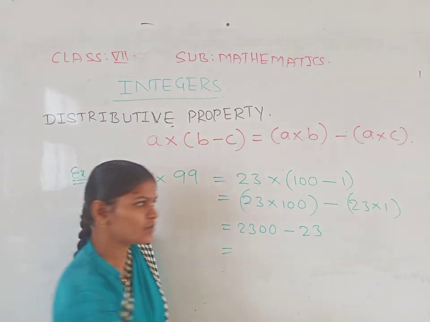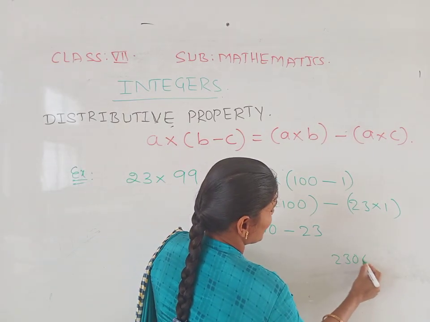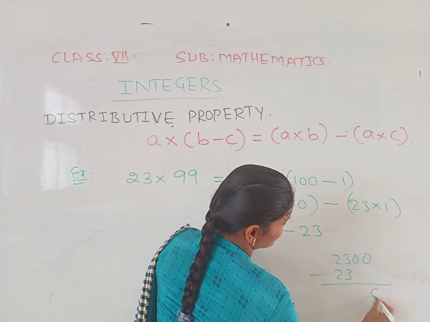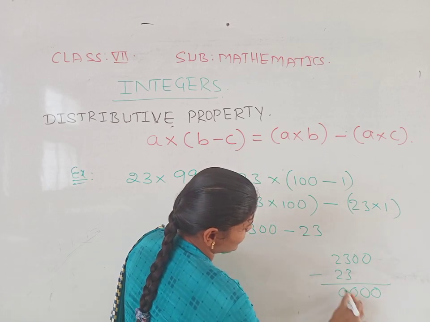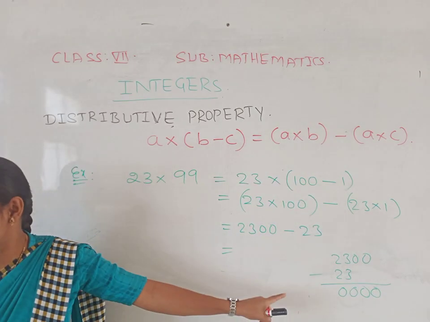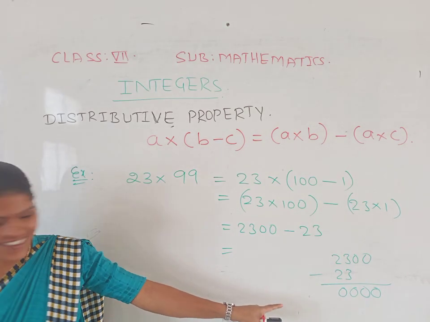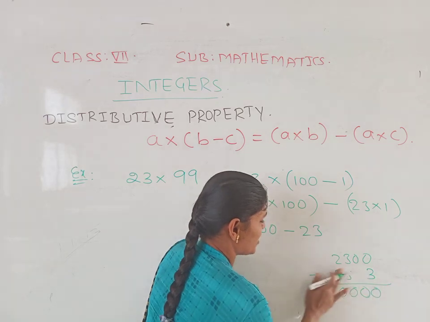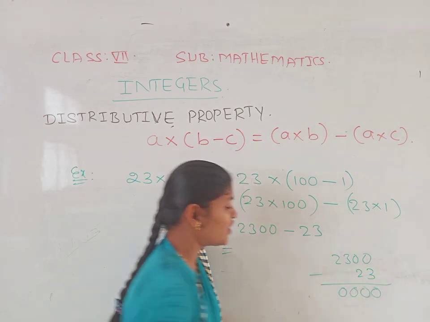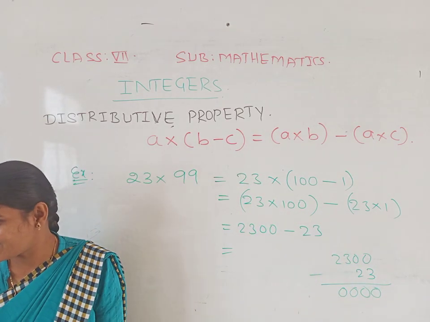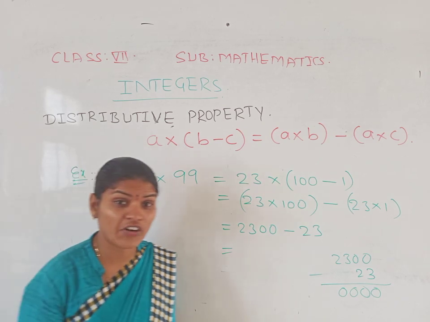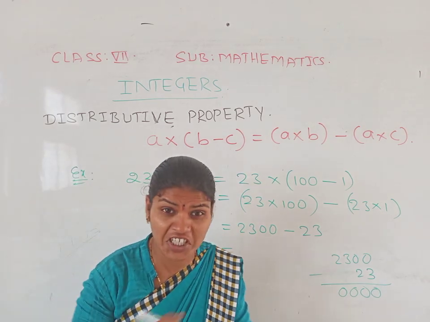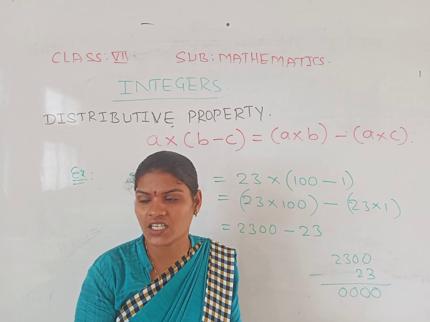People are doing 2300 minus 23 as 0, 0, 3, 3, 2, 2, 0. Please don't keep like this way. The 3 in the ones place you have to take below the 0, and 2 in the tens place. Now you have to subtract it. Clear? Sometimes in very fast condition, in a test condition, I did like this way.